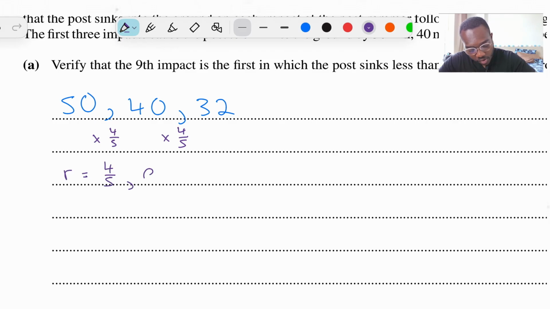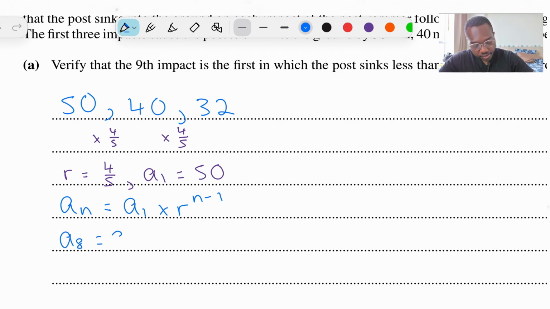We know our A1, our first term, is 50. And what is the equation of a geometric progression? The general equation for any term is An equals A1 times r to the power of n minus 1. So the eighth term is A8 equals A1 times r to the power of 7.